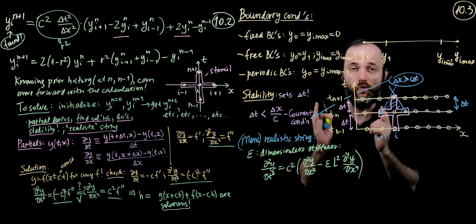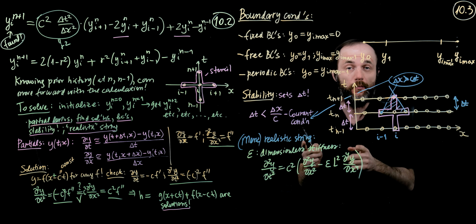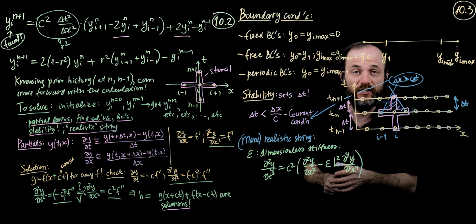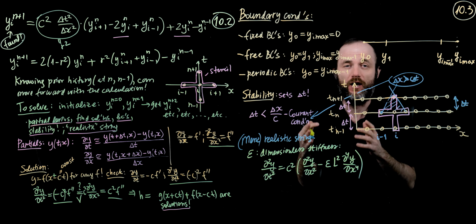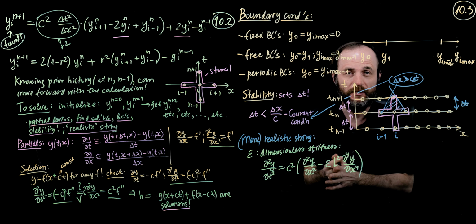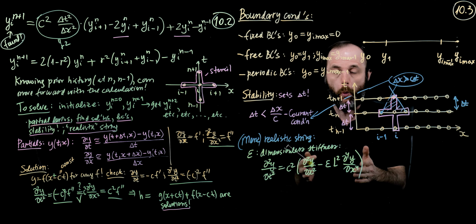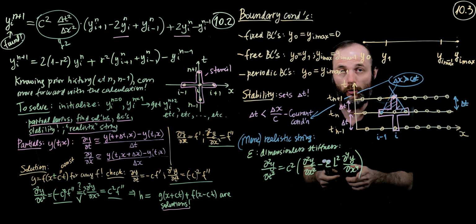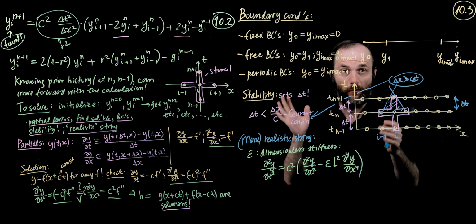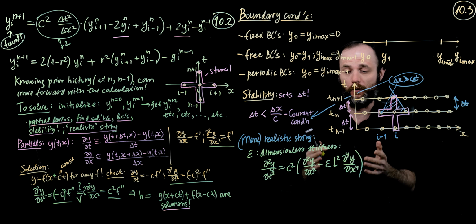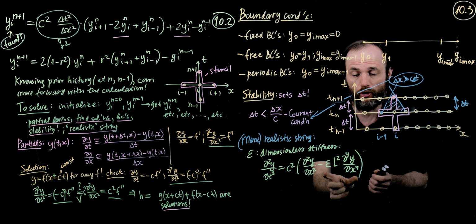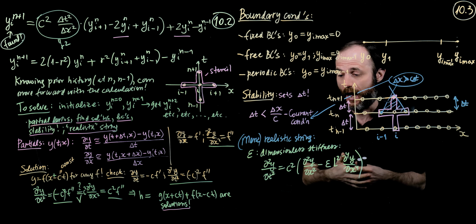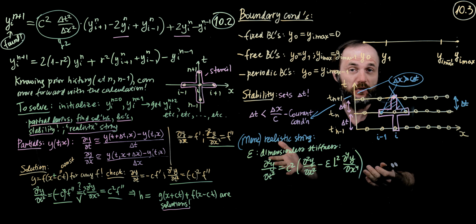If you're interested, read footnote number 14 on page 170 in the textbook. That explains somewhat quantitatively, or maybe more qualitatively, where the fourth order derivative originates from. But for the purposes of our problem set, all we need to do is to add this extra term with the fourth derivative and see what happens.